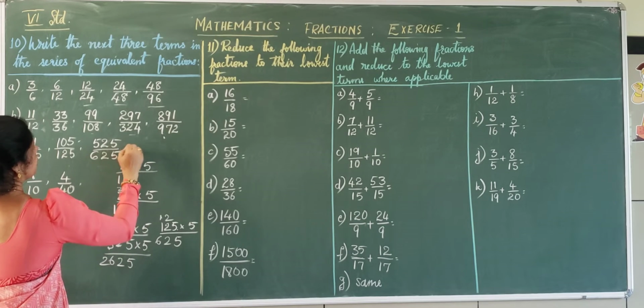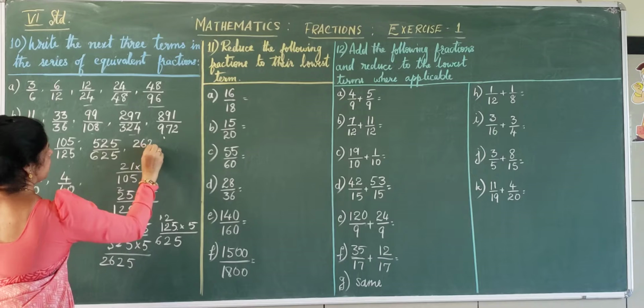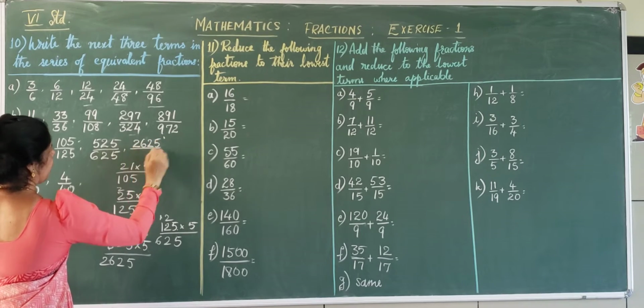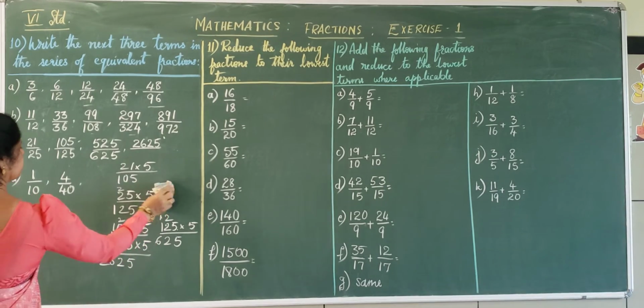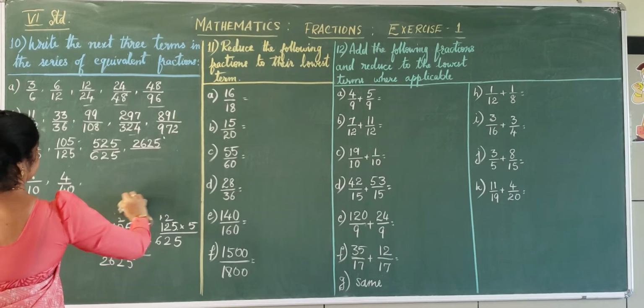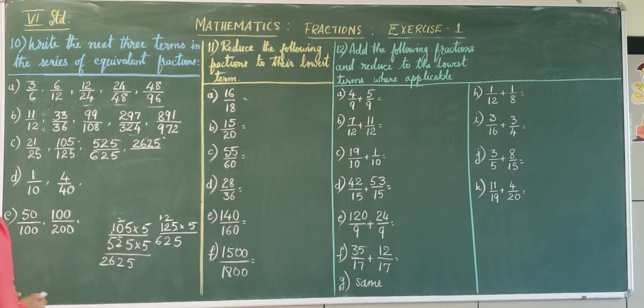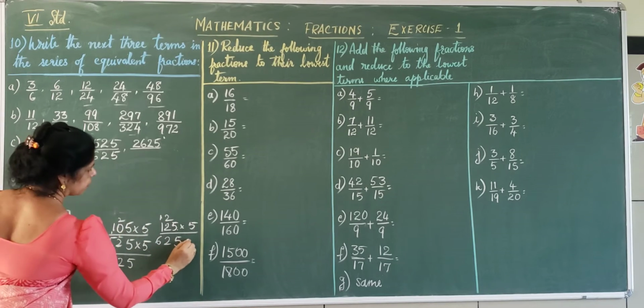So the numerator is 2625 by 625. 625 into 5.